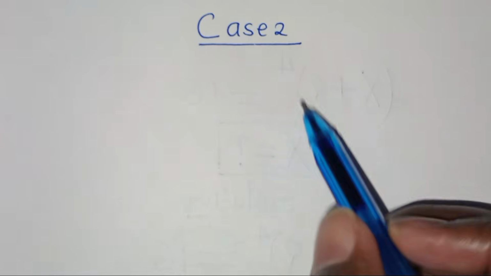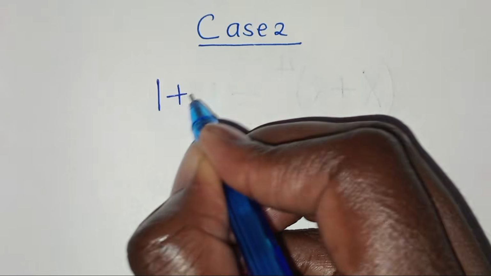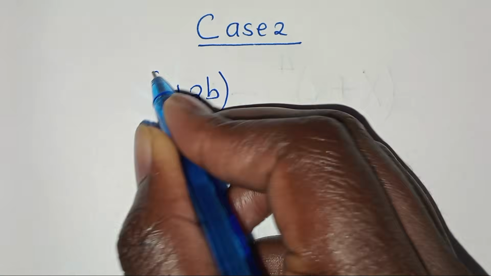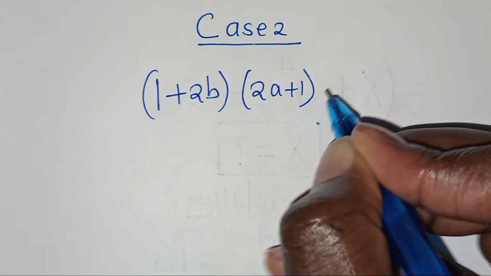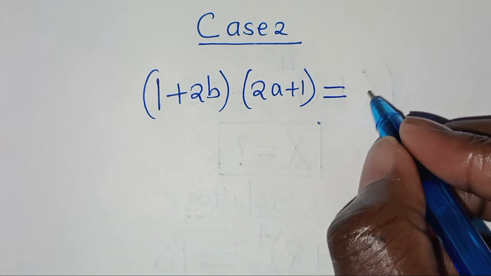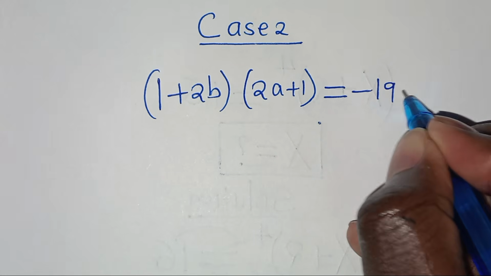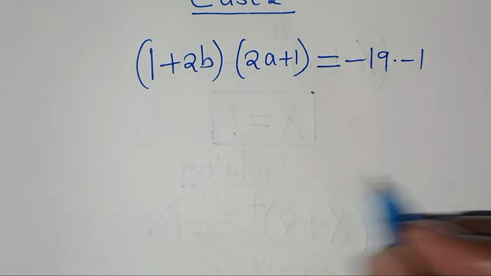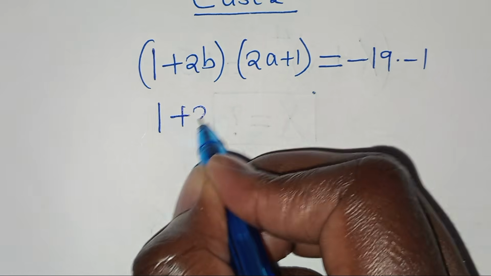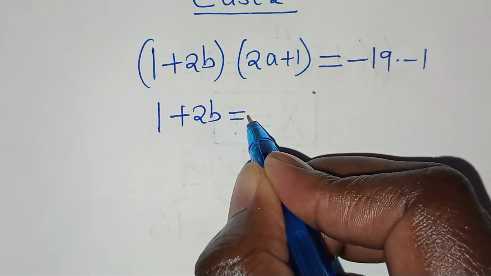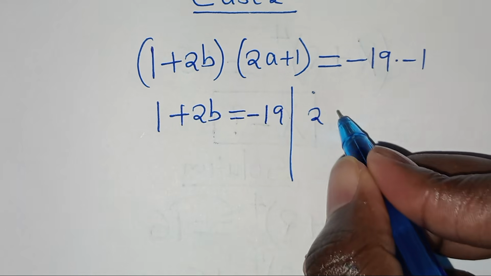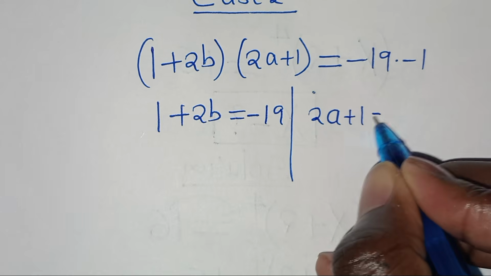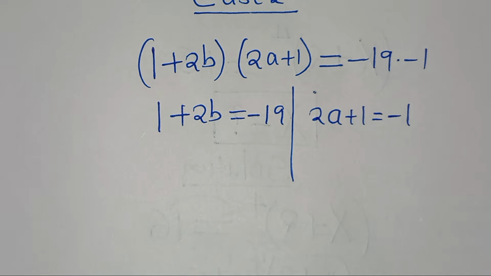In case 2, we have (1 plus 2b) multiplying by (2a plus 1) equal to minus 19 multiplying by minus 1. What this means is that 1 plus 2b is equal to minus 19, and 2a plus 1 is equal to minus 1.